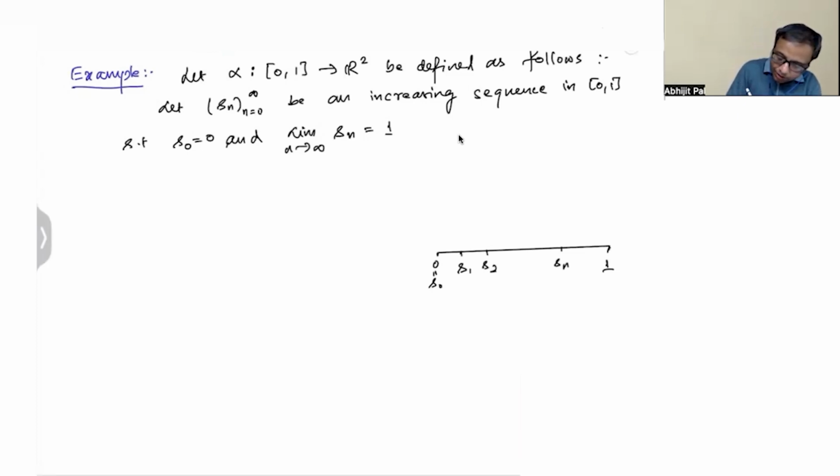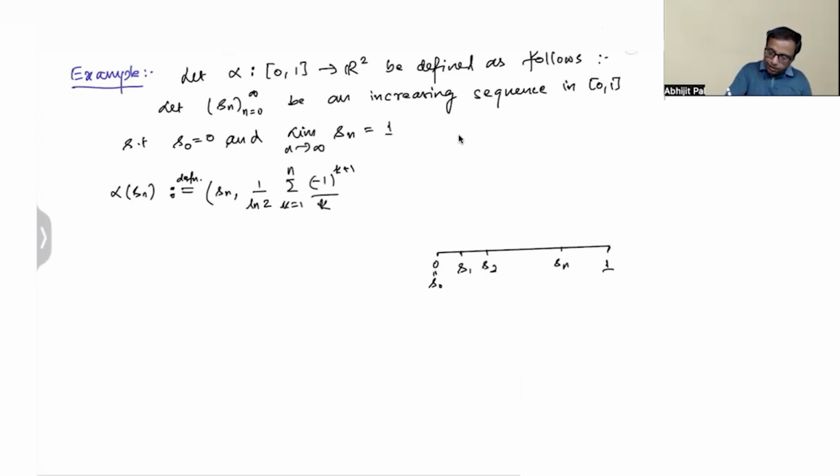Now what is my definition of alpha Sn? First I'll define alpha on this sequence Sn. Alpha Sn is defined to be the point (Sn, (1 by log 2) times the summation from k equal to 1 to n of (minus 1) to the power k plus 1 divided by k).